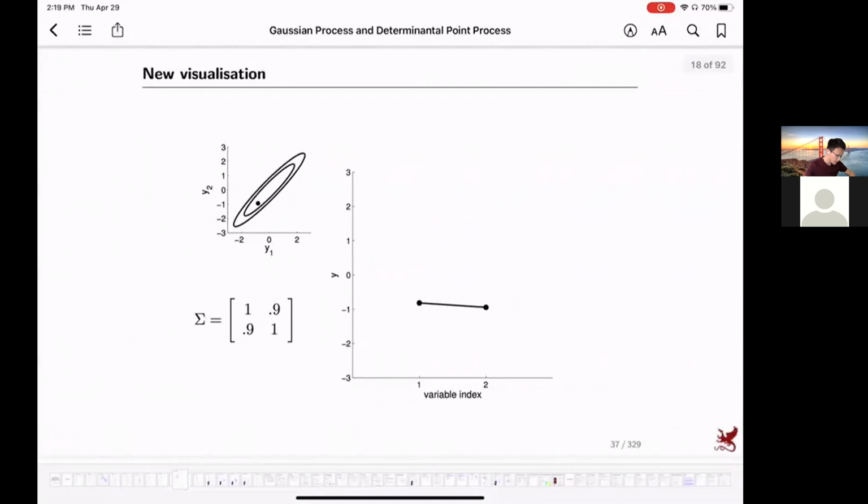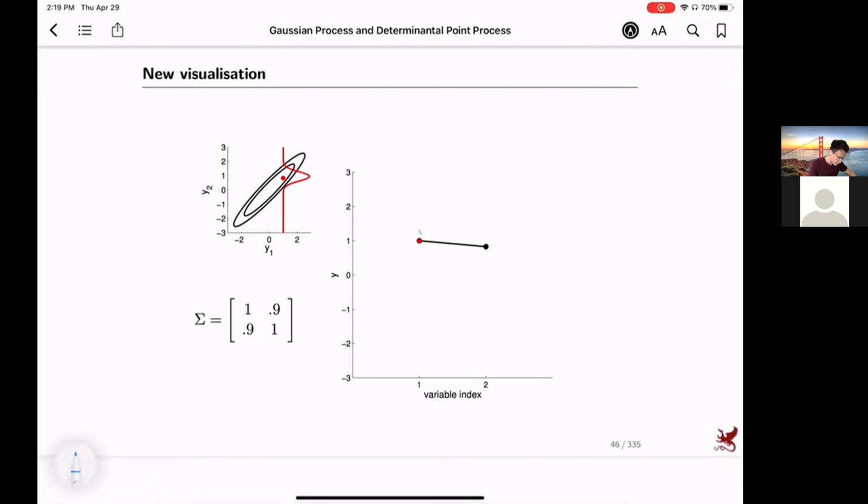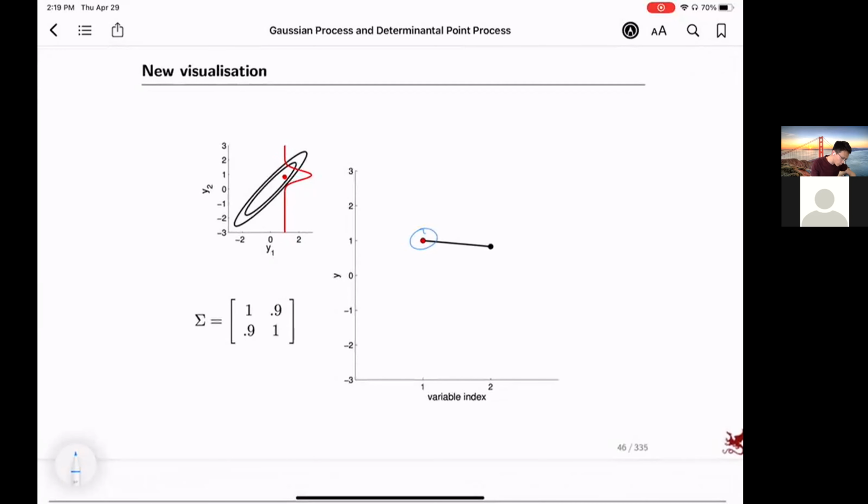Whenever I draw a new point, I'm able to visualize this new point using this new visualization I just developed. And then I can also do something I just talked about. I can do this conditional visualization, meaning I fix the value of y1, in this case the red point. This point is not going to change anymore, but I can move my sample up and down in this y2 direction.